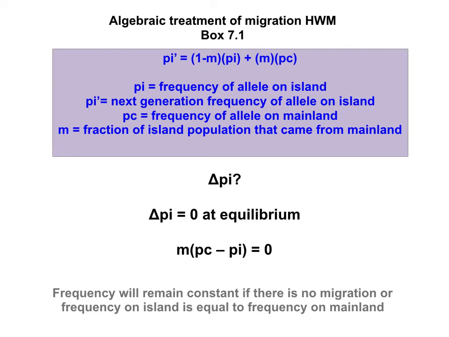This is important because that tells us what immigration does. If immigration continues, it's going to continue to cause the populations to evolve until that frequency is reached. Once that frequency is reached, you're not going to have changes in allele frequencies each generation.